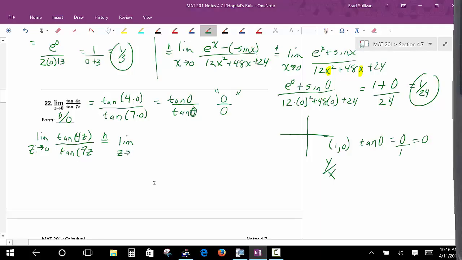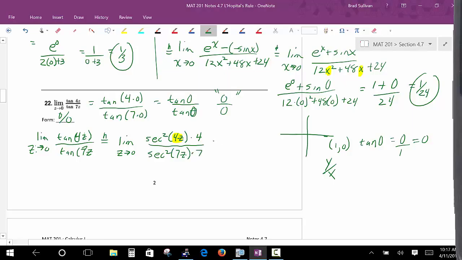You need to know that for your gateway test, and if you don't remember it, you at least got to know how to derive it. So it's secant squared. So this is going to be secant squared of 4z, but then what else do you got to do? Got to do the chain rule. So you got to multiply by 4, right? The derivative of the bottom is going to be the same way. It's going to be secant squared 7z times the derivative of 7z, so it's going to give that.